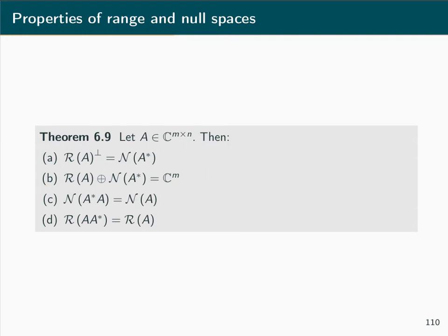B, the direct sum of the range space of A and the null space of A star equals C^m. C, the null space of A star A equals the null space of A. And D, the range space of A star equals the range space of A.